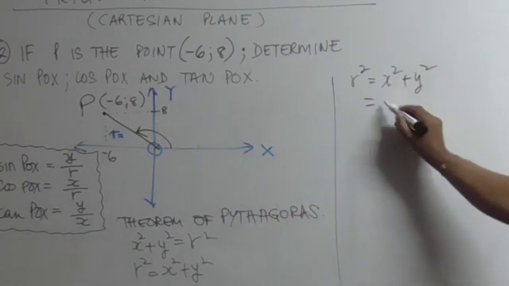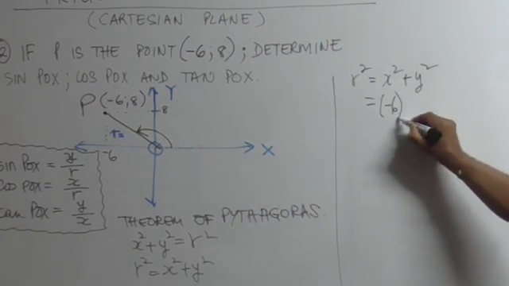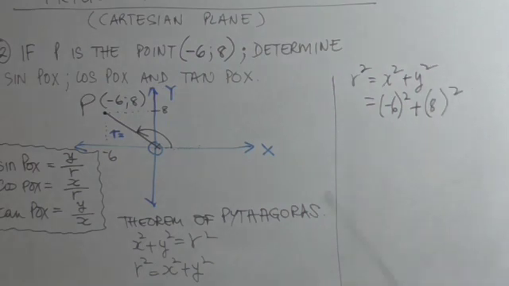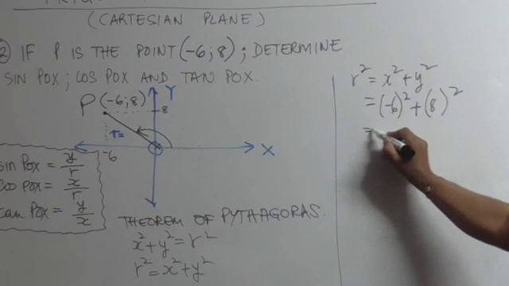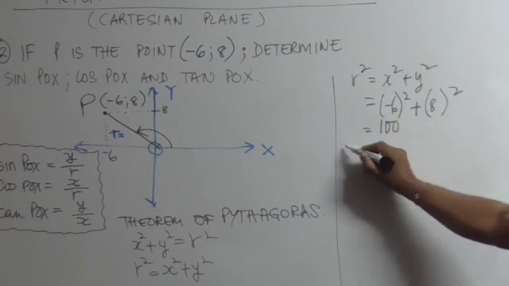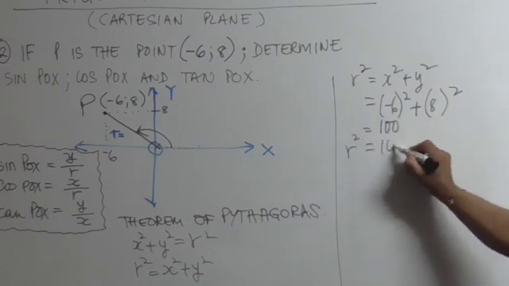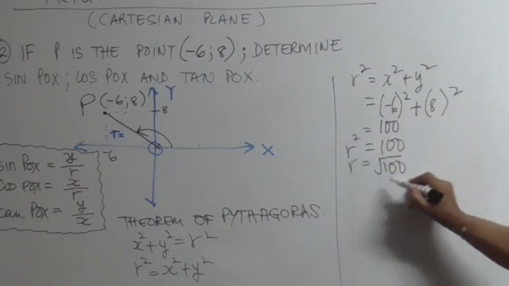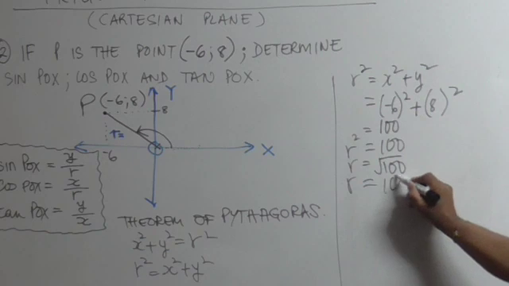Now be careful, make sure you write that negative 6 in a bracket like that. In fact, anytime you substitute, it's good to put the substituted value inside a bracket. Put this in the calculator and you will get 100. R squared is equal to 100. R is equal to the square root of 100. R is equal to 10.